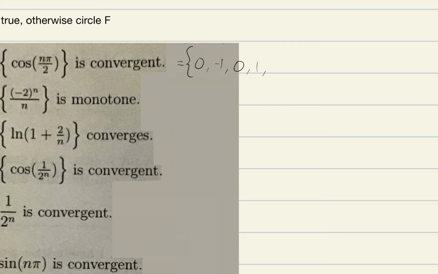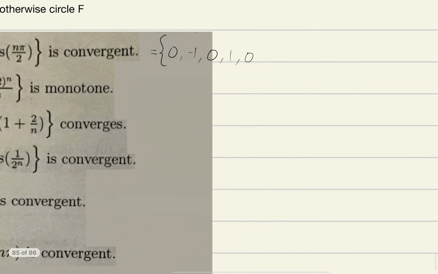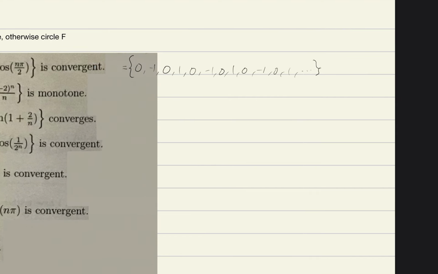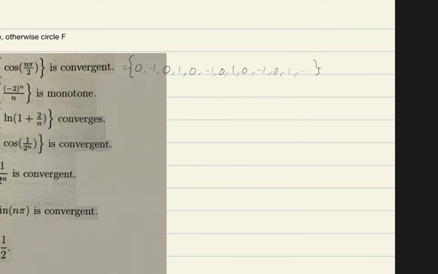It looks like we are alternating between these values: 0, -1, 0, 1, 0, -1, 0, 1, and so on. Since this does not lead to a value, we can say that this is false.